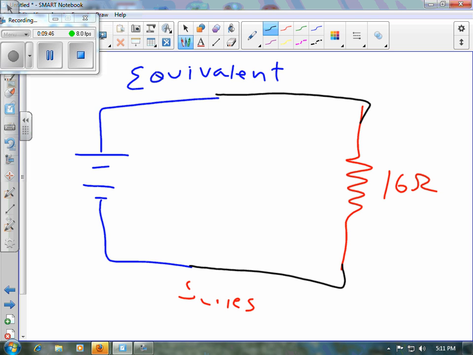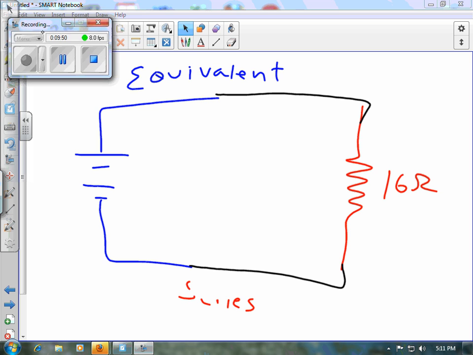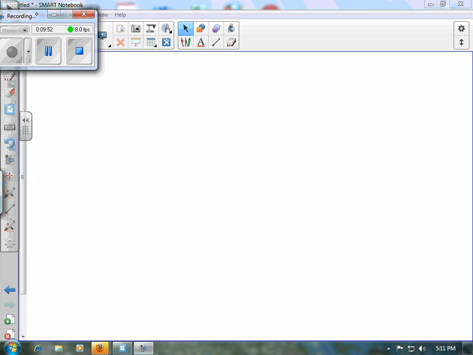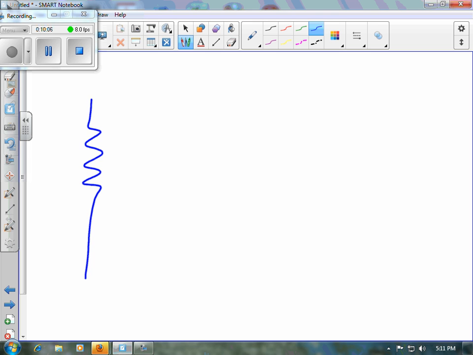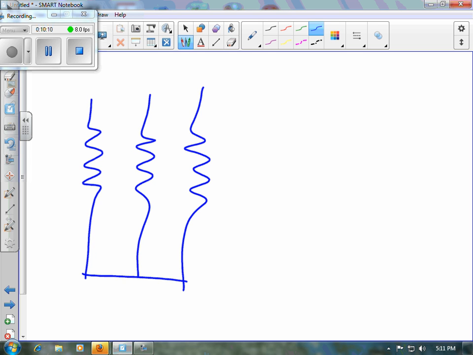Okay, so let's make one more example. So now just looking at the resistances and labeling them. These resistors are in parallel.